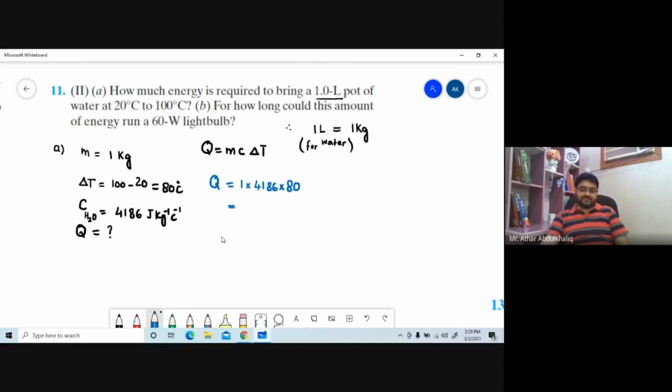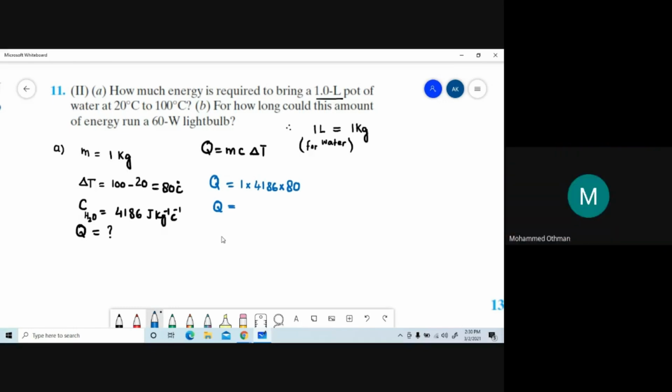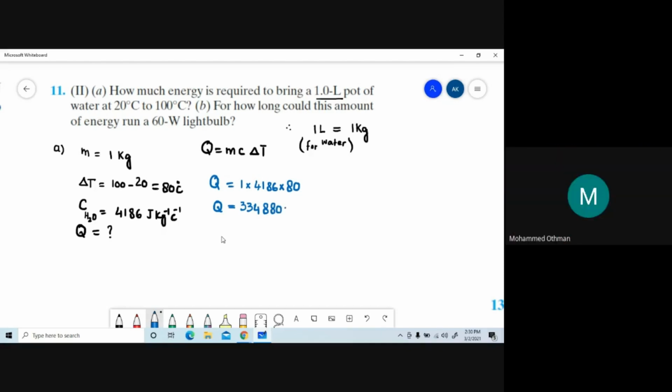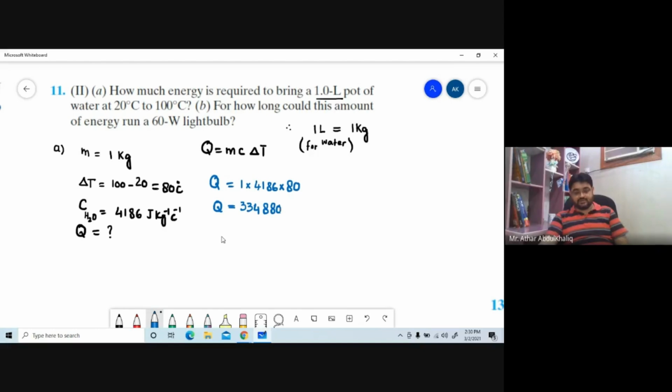So multiply these values and give me the answer for energy Q. 334,880. Without any points. 80. And the unit is joule.